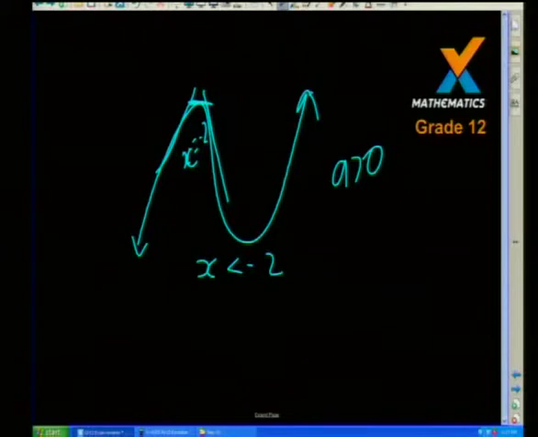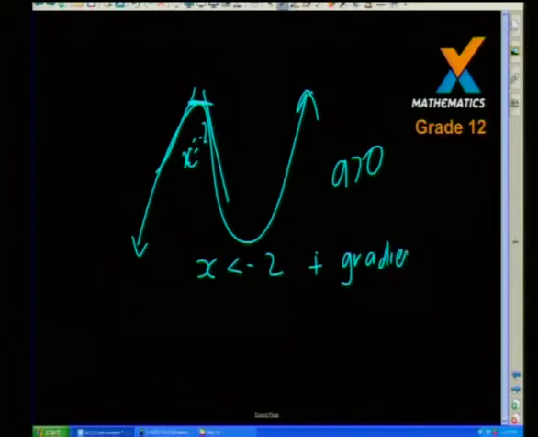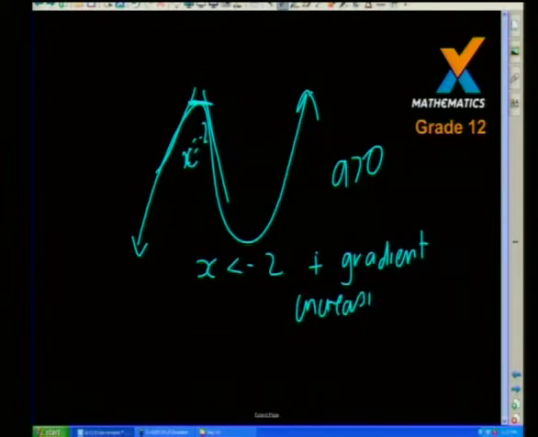So for x less than minus 2, we're looking at a positive gradient. So in other words, the graph is increasing. So the graph is increasing up to the point x is equal to minus 2. Then, at the point x is equal to minus 2, the derivative is naught.